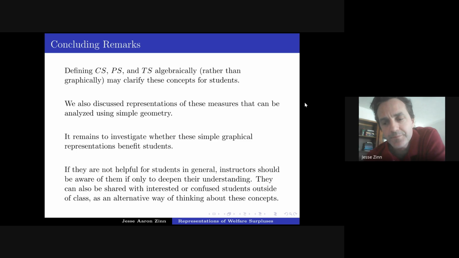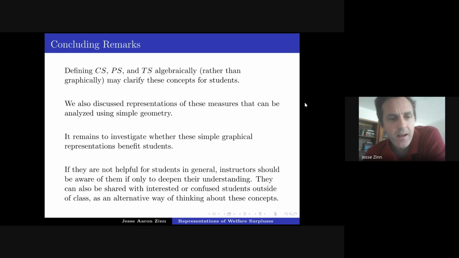And I could see the case that since average variable cost is something that students see normally, maybe doing the rectangular representation of producer surplus makes sense, but the rectangular manifestation of consumer surplus doesn't, because average benefit isn't something that we study and average variable cost is something that we talk about.